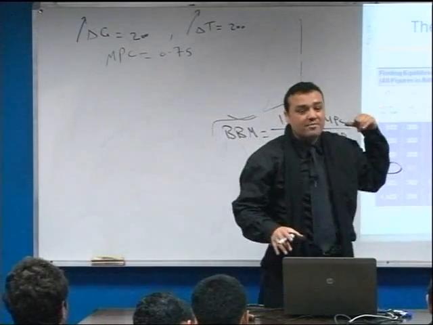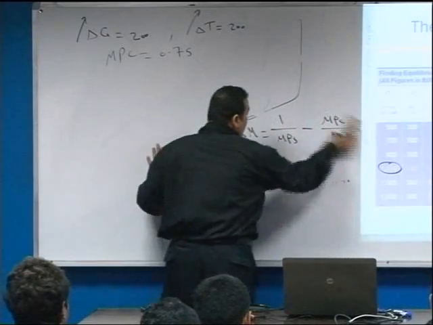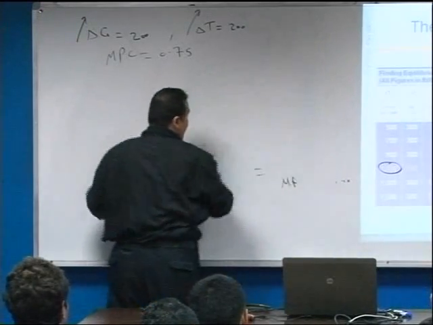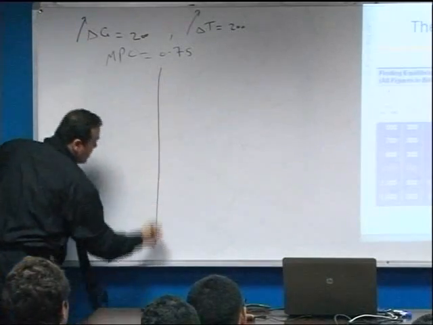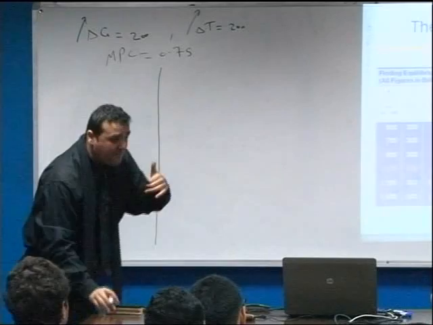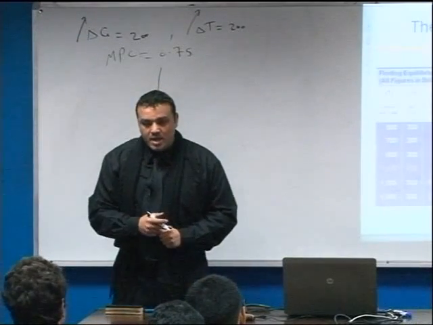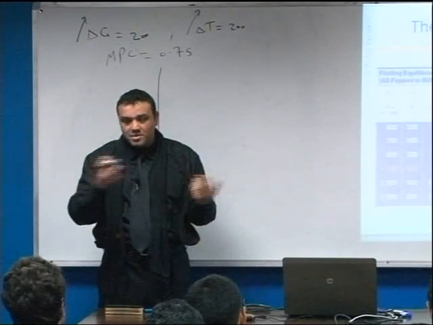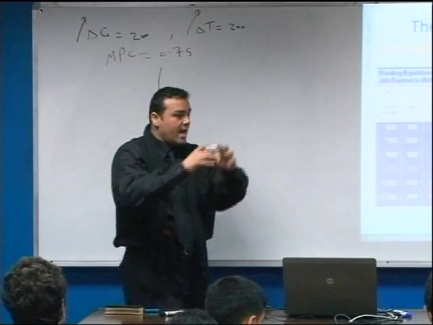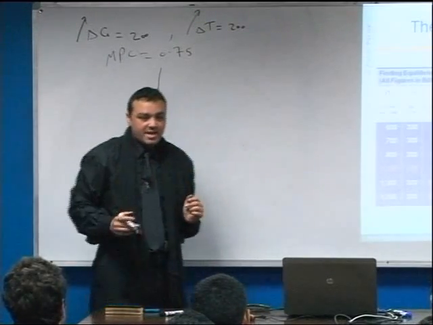Exactly, 200, but we have to use the formula to calculate it. So we calculate the effect of the change in government spending and the change in Y as a result of the change in taxes. And finally, we will see the aggregate change, or the final change in the aggregate output.